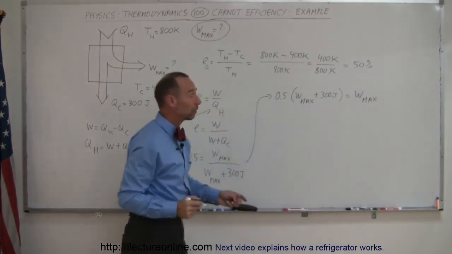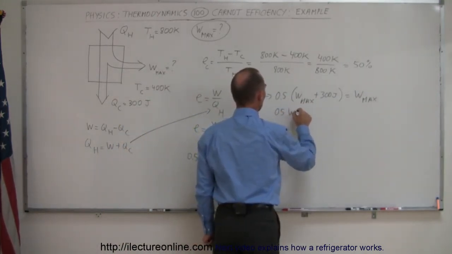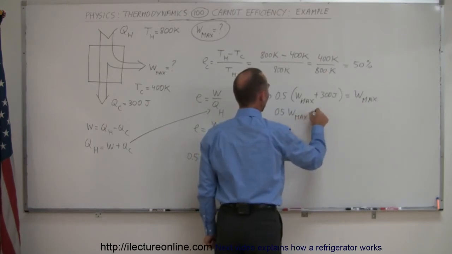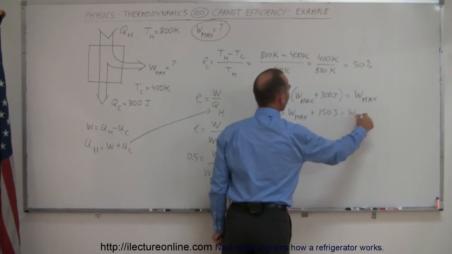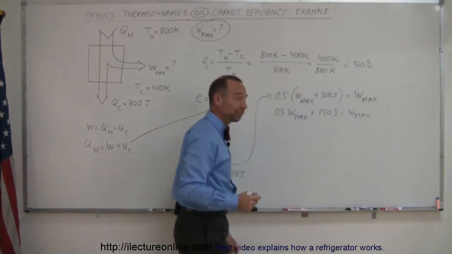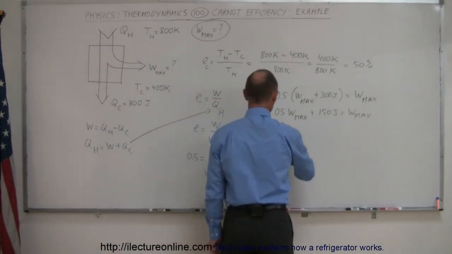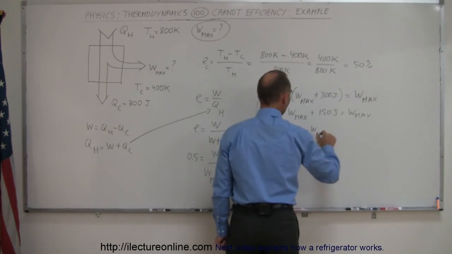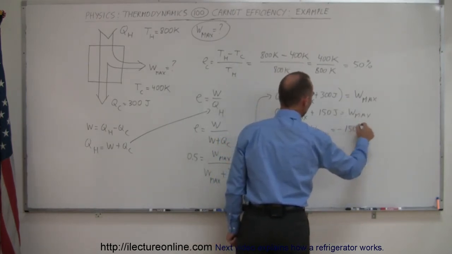All right, now we multiply this through, get rid of parentheses. So 0.5 work max plus half of 300, that would be 150 joules, equals work max. Since we're solving for work max, we're going to move all the work max variables to the left side. So we have 0.5 work max minus work max is equal to, bring that across to get, minus 150 joules.